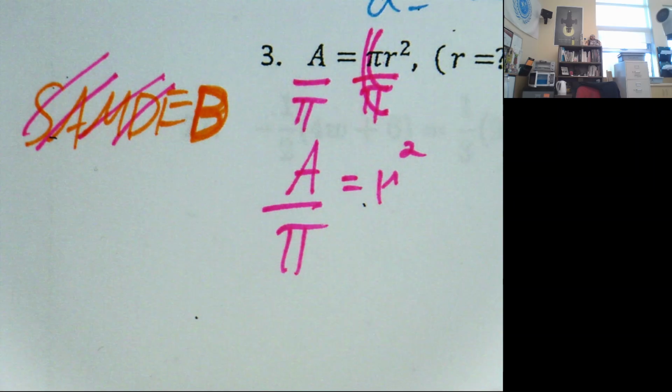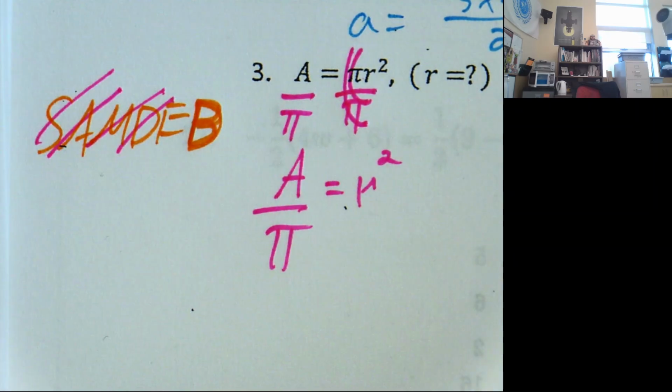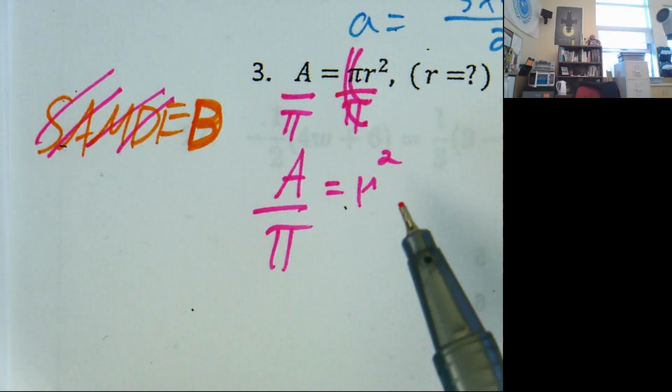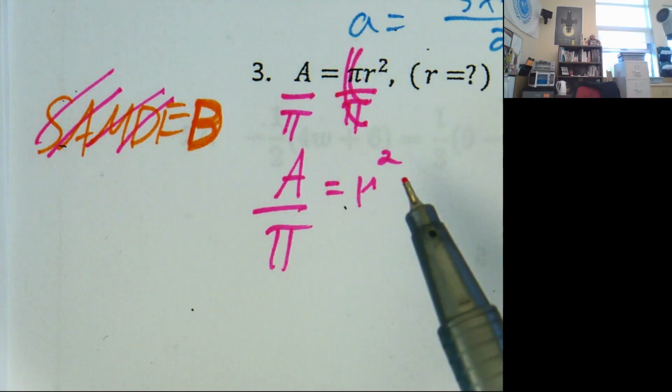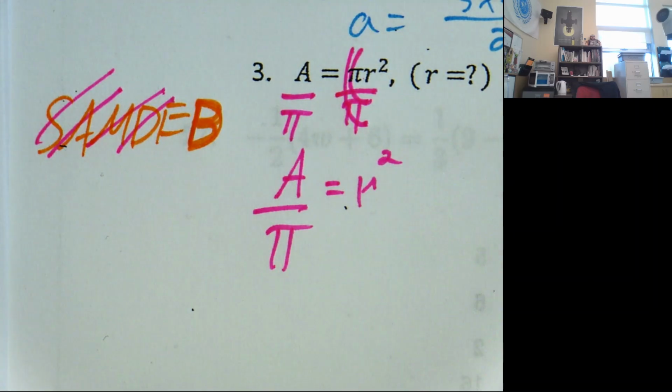Now I want to isolate this thing for r. I want to get r by itself. Currently it's not. It's currently r squared. So way back in the exponents chapter, chapter 2, we looked at squaring things and the opposite of squaring things. What is the opposite of squaring something? Juno? Square rooting something.